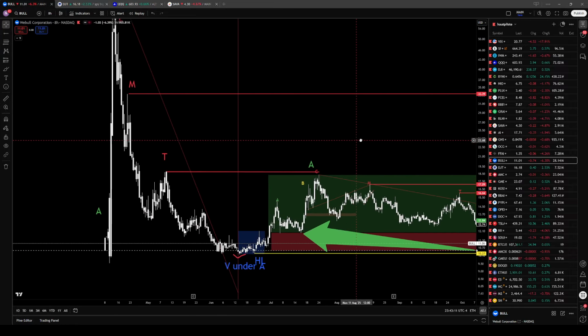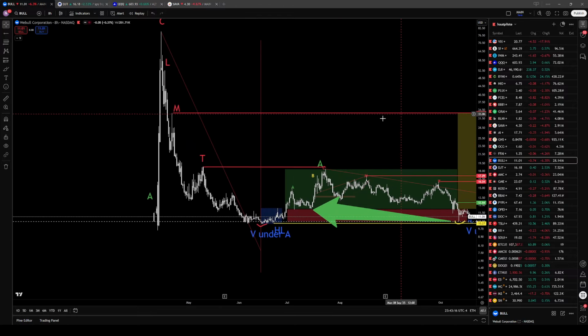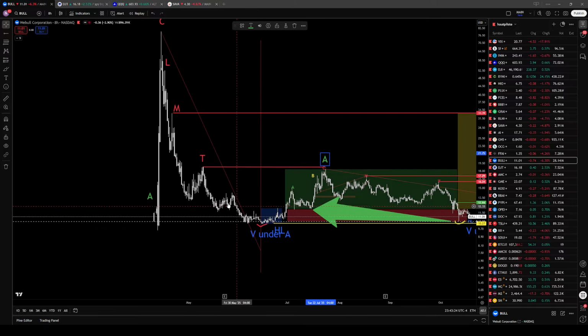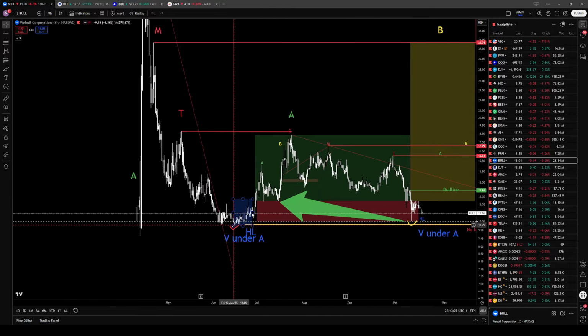Here you could easily even use symmetry, where you take this price action, flip it on this side and track it from right to left, which would mean you come from your low, go to your A. You pull back, you come up, you pull back, and this whole thing would be this pullback. And we would be, if right, exactly here.